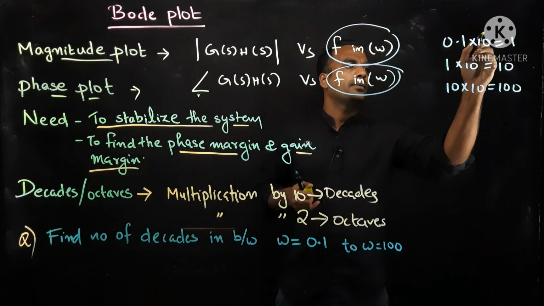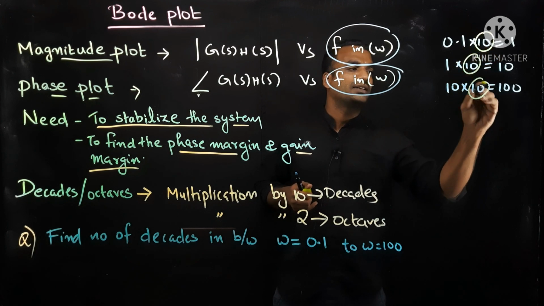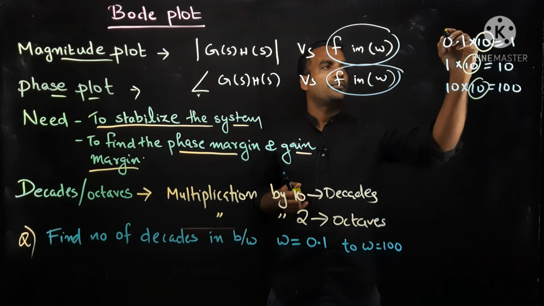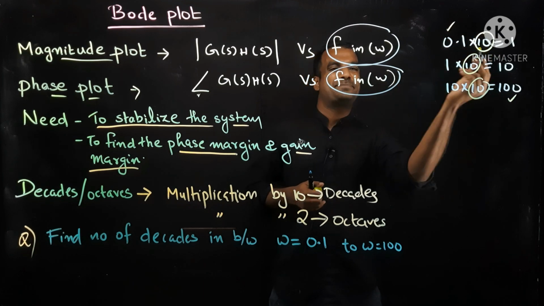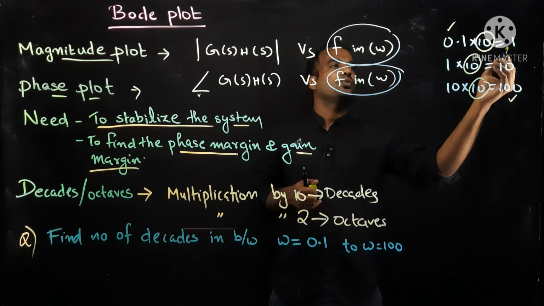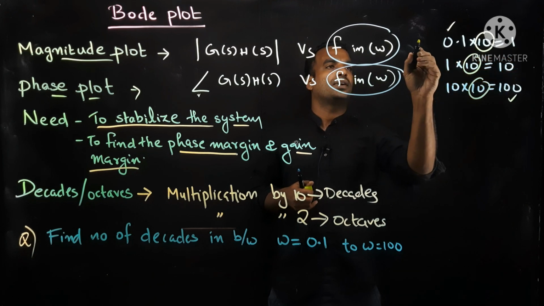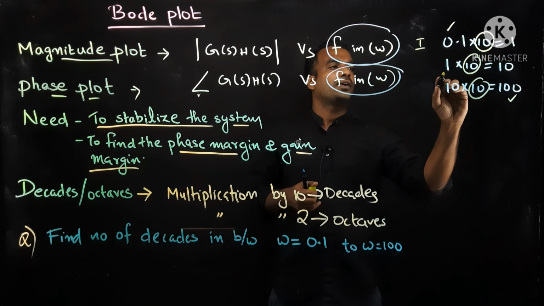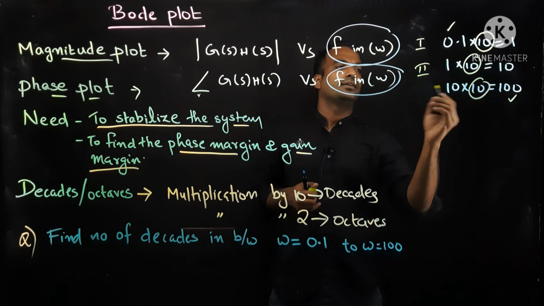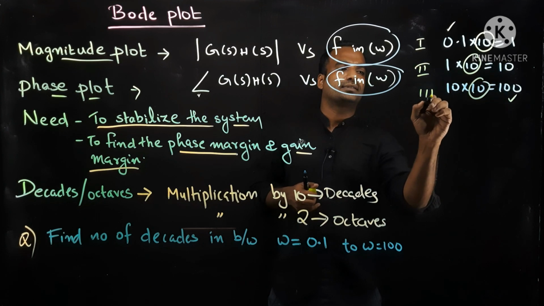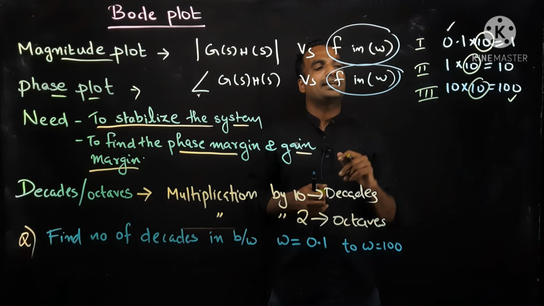We are performing multiplication by 10 in each case. So 0.1 became 100. How many steps are there? 0.1 to 1 is the first decade. 1 to 10 is the second decade. And 10 to 100 is the third one. So how many decades are there?